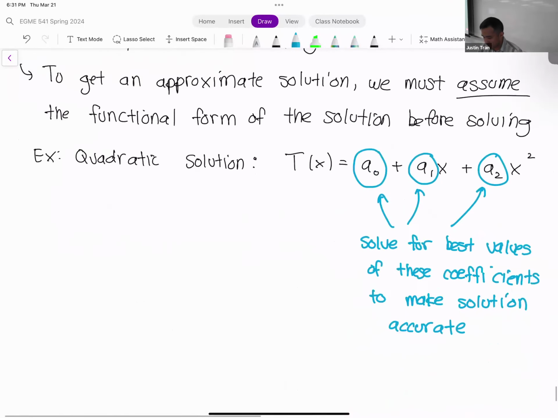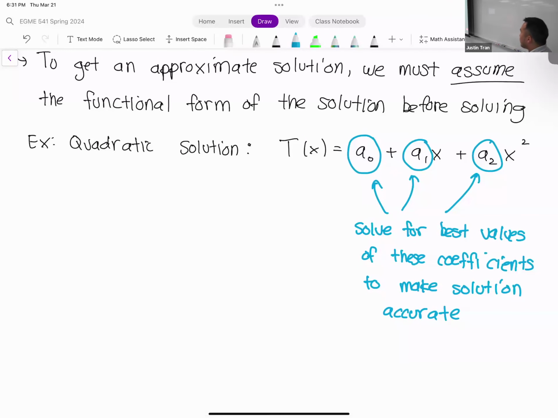Okay. So now instead of solving for a whole function, what we're solving for instead are just the values of these coefficients. Okay. Which, when you extrapolate this to higher dimensions in 2D and 3D, is a much simpler problem than trying to find a whole function just from scratch.